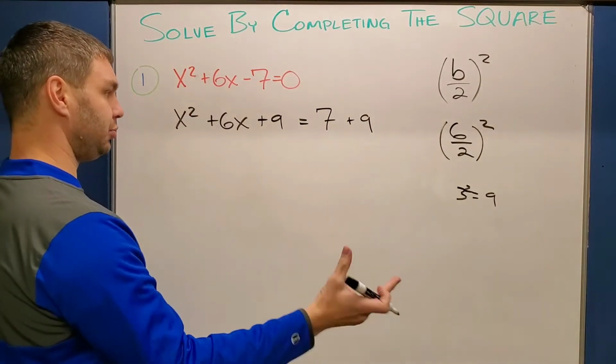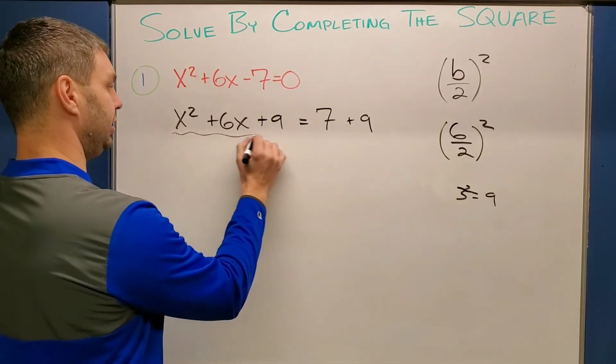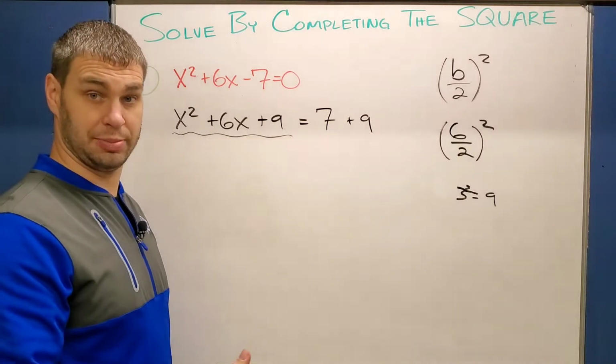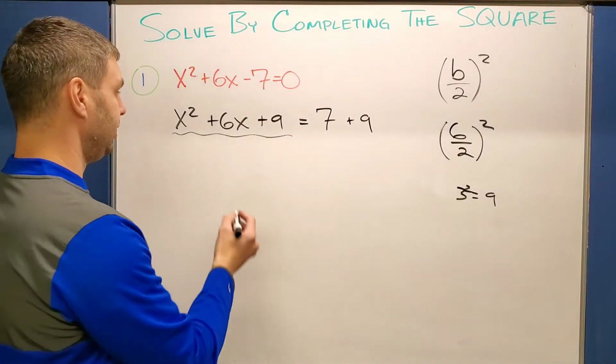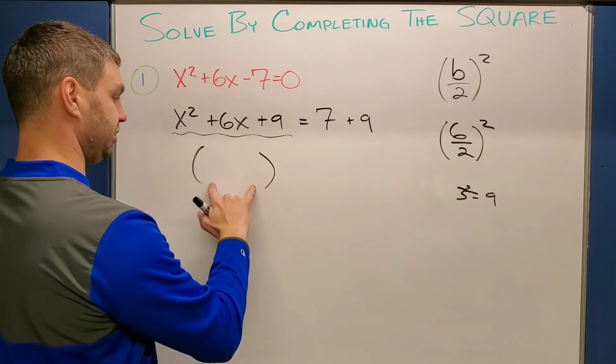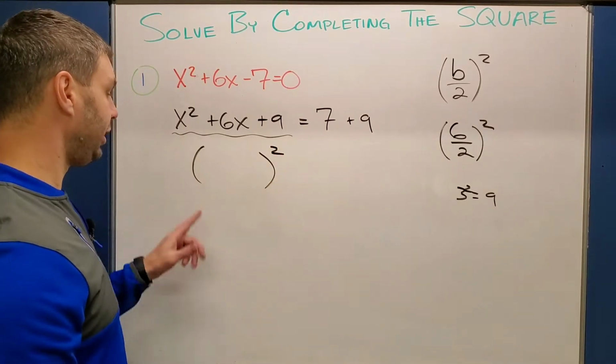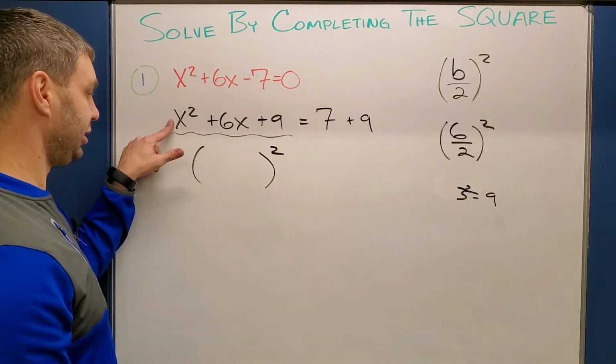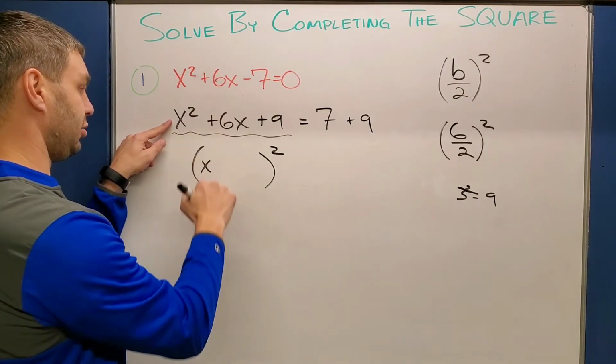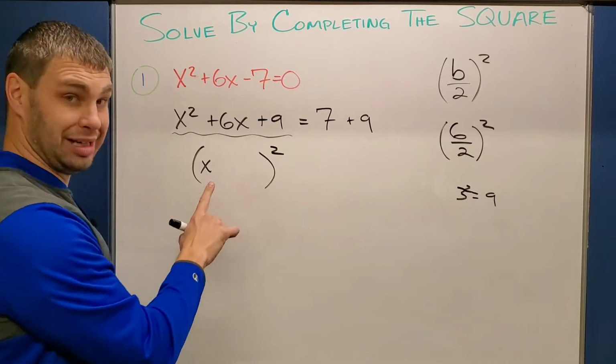Now the whole reason we did that is because this right here is a perfect square. It can be written as a binomial squared. In other words, I'm going to have two terms inside of a set of parentheses, and I'm going to square them. The way we can figure this out is that we take this x, and since it's x squared, I can just write one x in there.